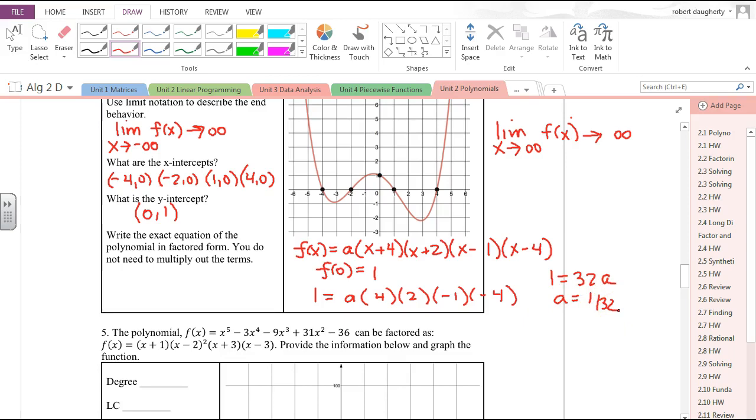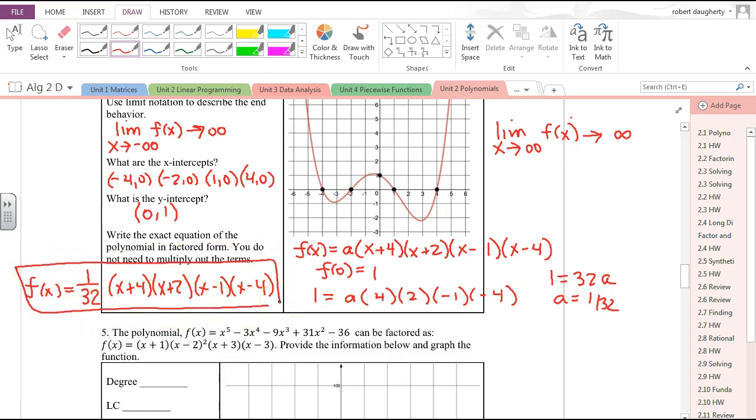So this final polynomial is f of x equals 1 over 32, x plus 4, x plus 2, x minus 1, x minus 4. Okay?